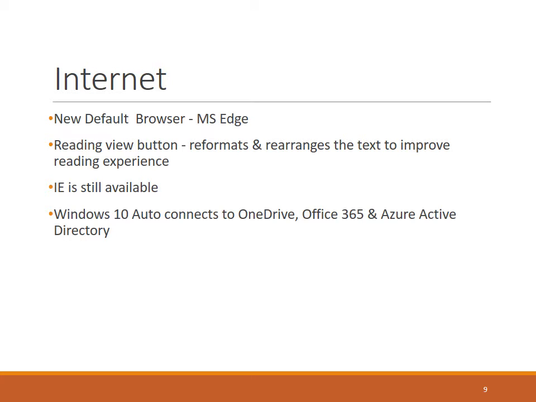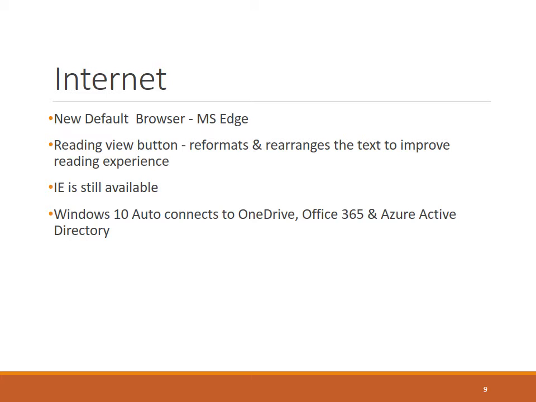One of the great new things about Edge is that it has a reading view button, which will reformat and rearrange the text on your screen from any website to make the reading experience a little bit easier to digest. If you're on a tablet or a phone using Windows 10, it'll be easier to read whatever website you're connected to.